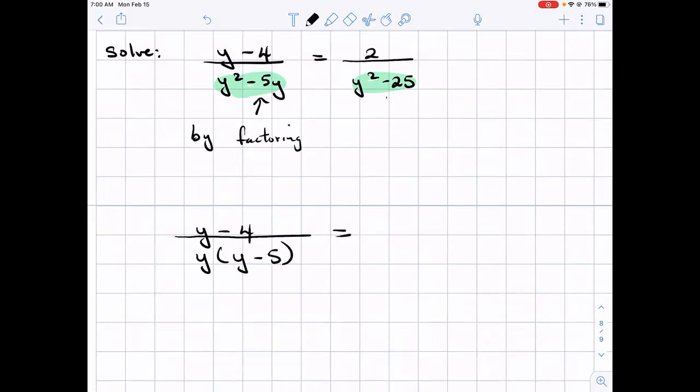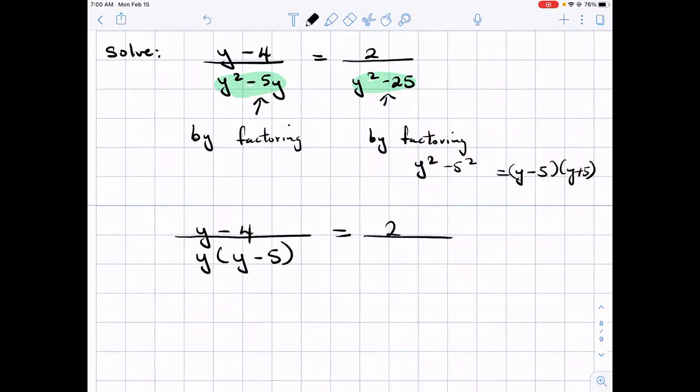That is equal to, here by factoring, y squared minus 5 squared, which is equal to y minus 5 times y plus 5. So we have 2 over y minus 5 times y plus 5.